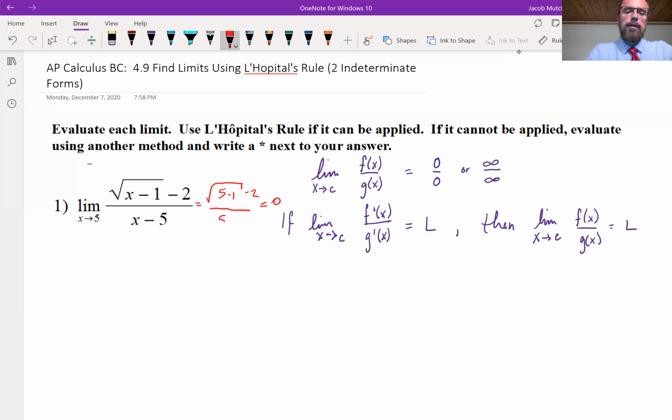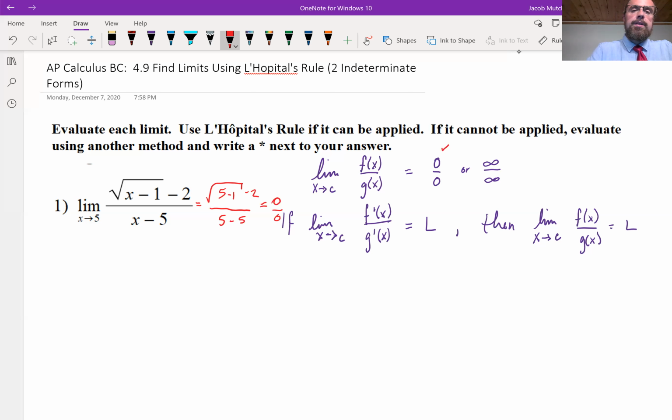And that's all over 5 minus 5, which is also 0. So we do have an indeterminate form. That's one of the conditions to be able to use L'Hopital's rule. So at that point, I'm going to take the derivative of the numerator and the derivative of the denominator separately. So I'm not applying the quotient rule, I'm just thinking of these as two separate functions.